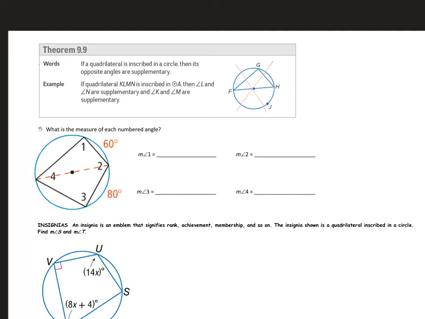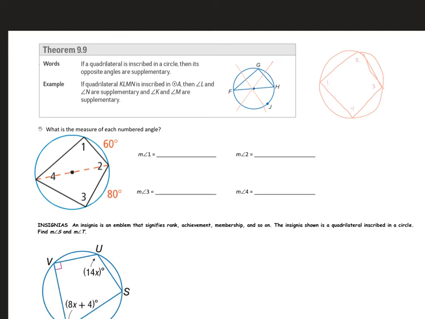So what we're trying to say is, if I have a circle and I have some sort of four-sided figure that lies on the inside of this circle. So there's my four-sided figure. And I said that this is angle 1, angle 2, angle 3, and angle 4.